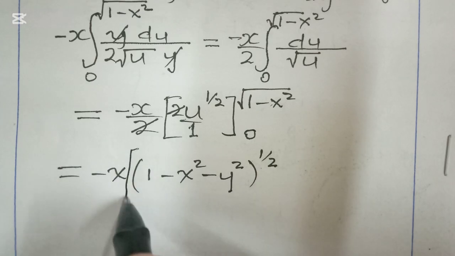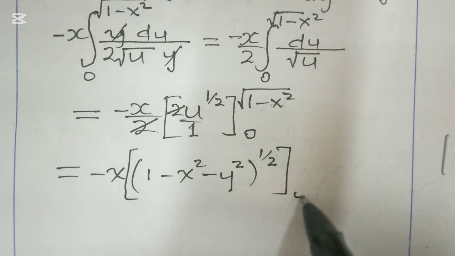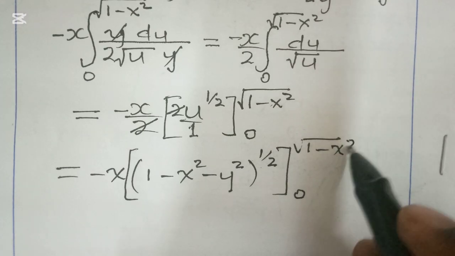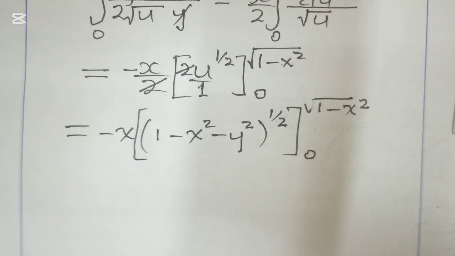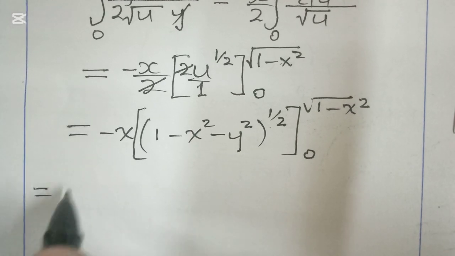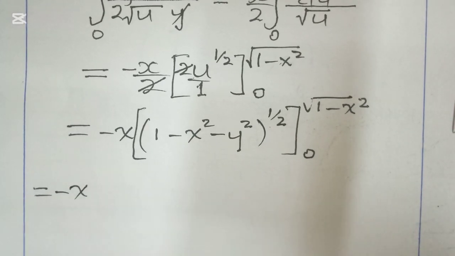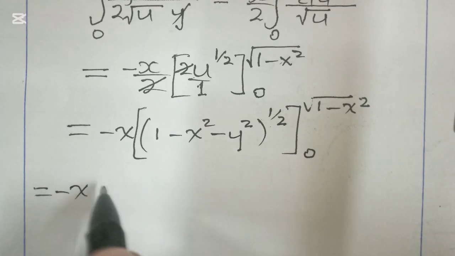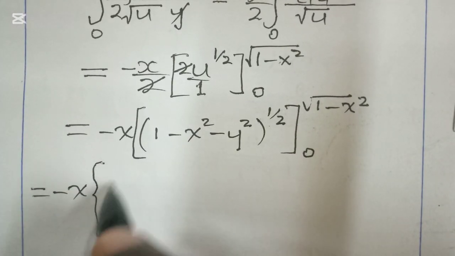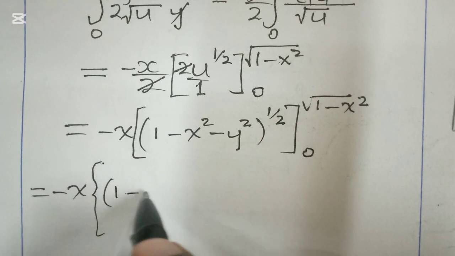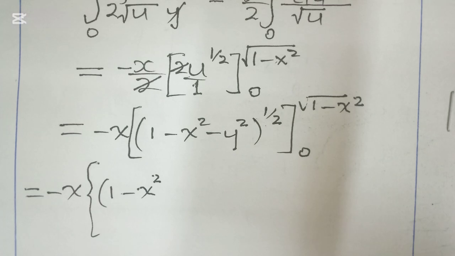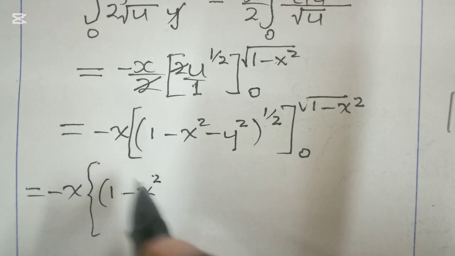Limits from 0 to square root of 1 minus x squared. Guys, we come now and replace our limits. We shall have this equals to minus x. Let's now put our limits. We shall have, I can put a bracket there, then I write 1 minus x squared. X squared, remember, it is constant as of now.